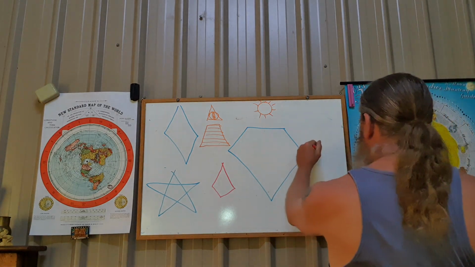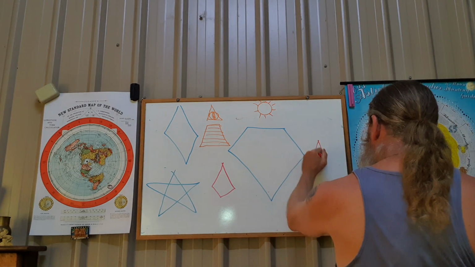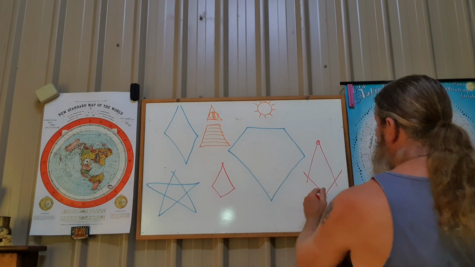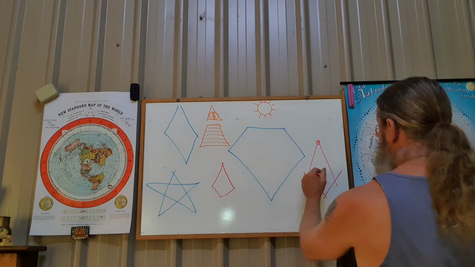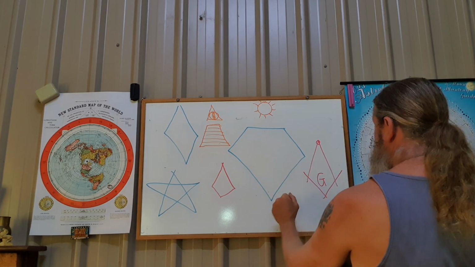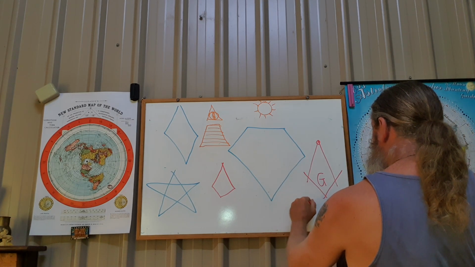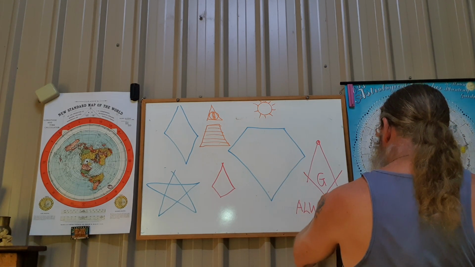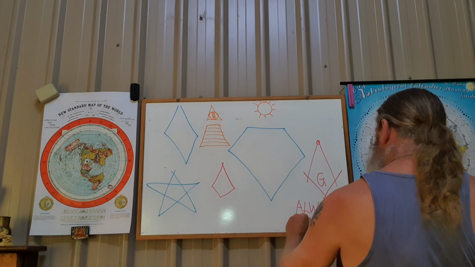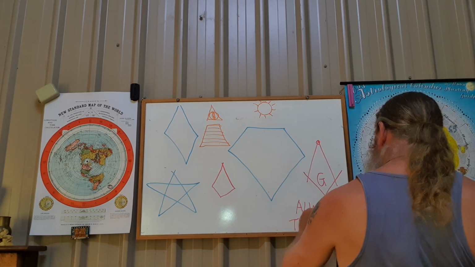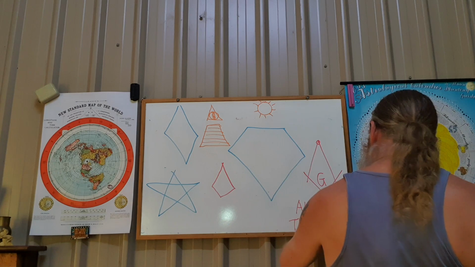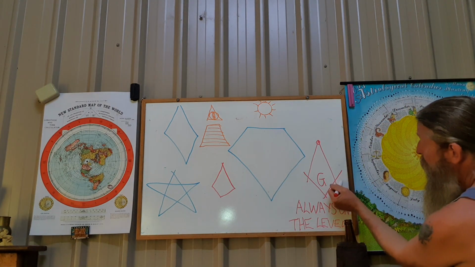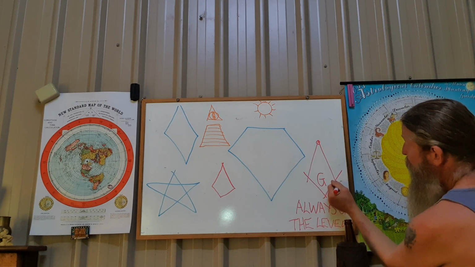So the Masonic symbol, of course, is that's a set square. And they call it always on the level. So always on the level is when the intersect is right through that point.